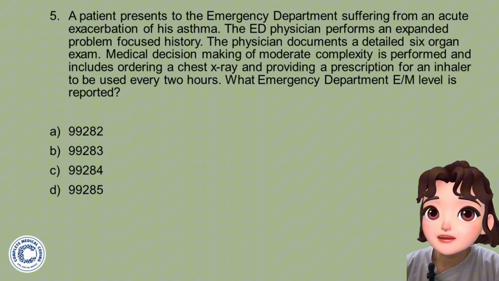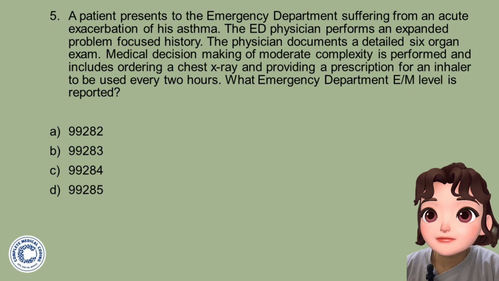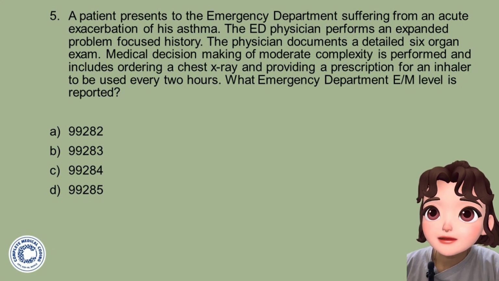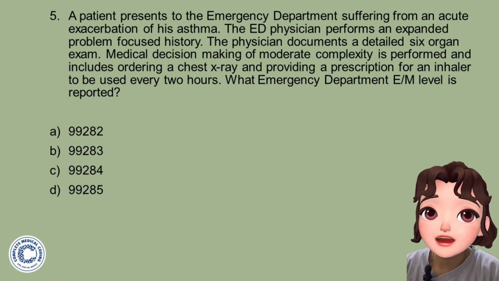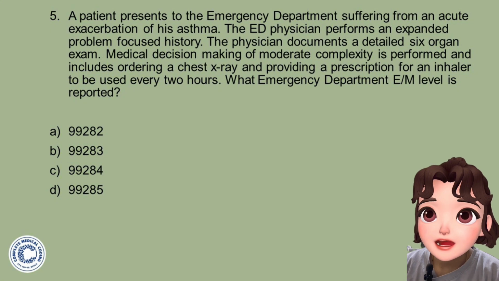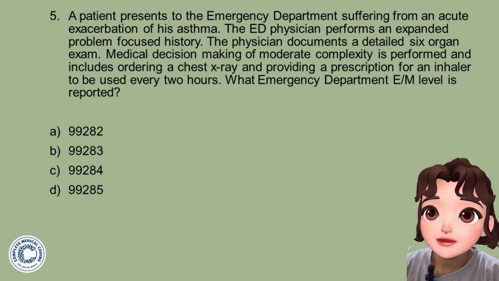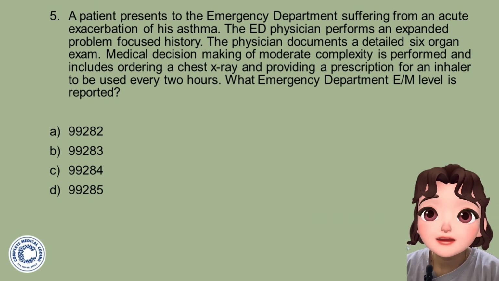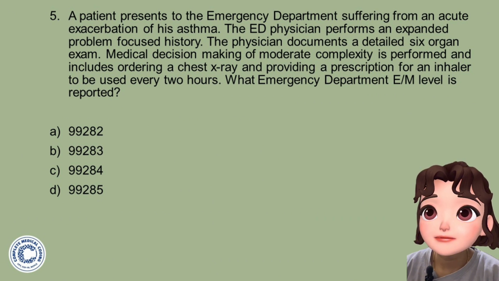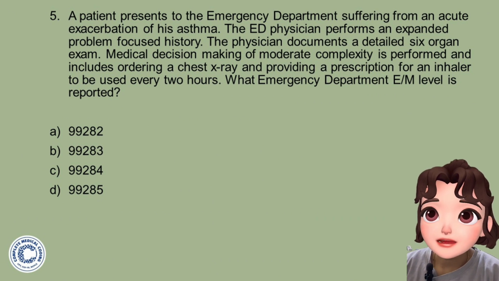So go to the first option, 99282. What is code 99282? It's emergency department visit for evaluation and management of the patient, which requires 3 key components: expanded problem focused history, expanded problem focused examination, and medical decision making of low complexity. We need medical decision making of moderate complexity, right?